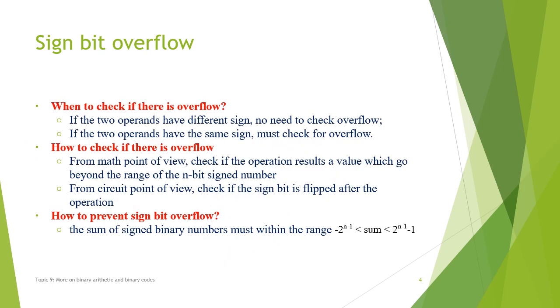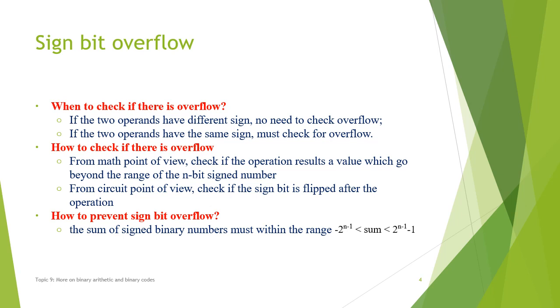Here is a summary about sign bit overflow. First, when to check. As we saw in the example in the previous slide, if the two operands have different signs, then we don't need to check overflow, because positive plus negative, the results are always smaller, it won't go beyond.